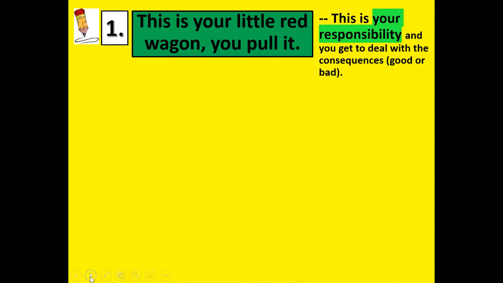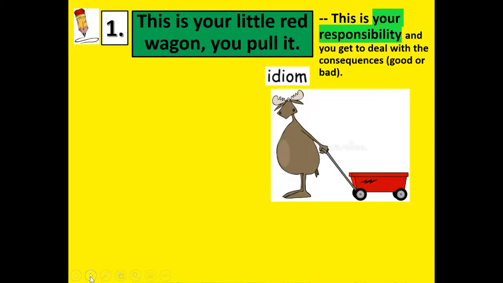So after you write, this is your little red wagon, you pull it, a synonym or short definition could be what I highlighted in green, your responsibility. And again, that's an idiom. And here's a moose pulling a little red wagon.